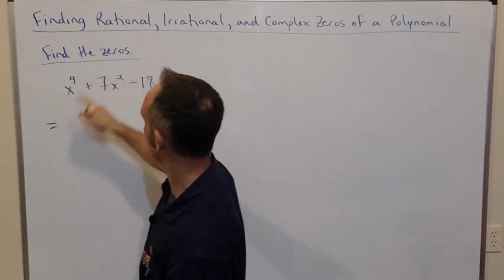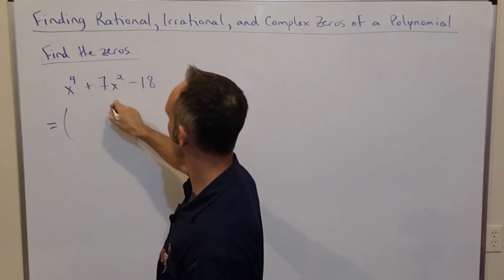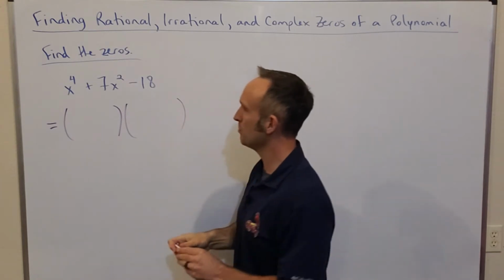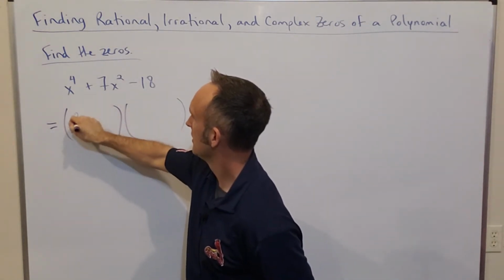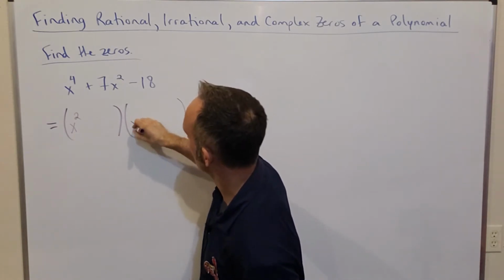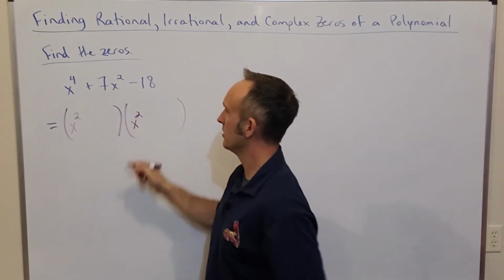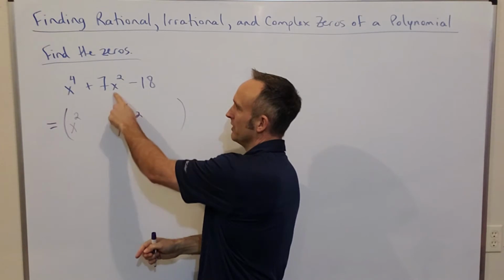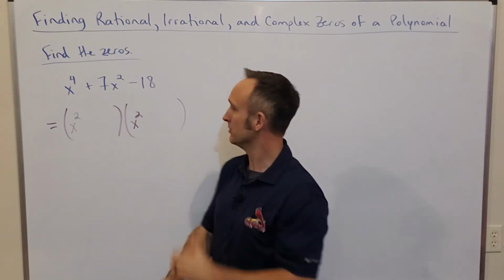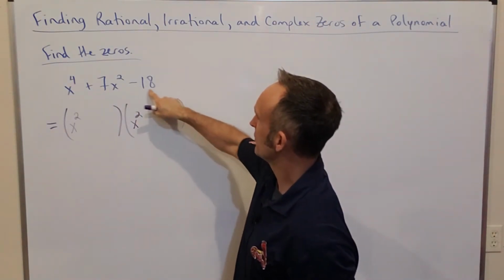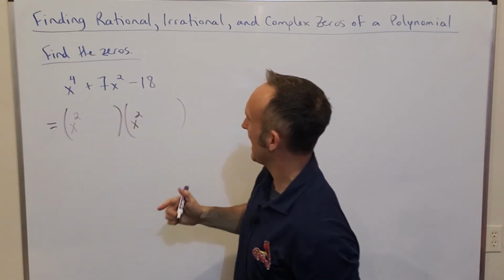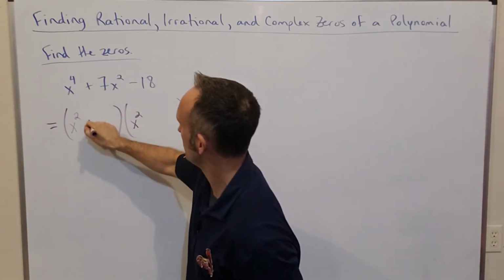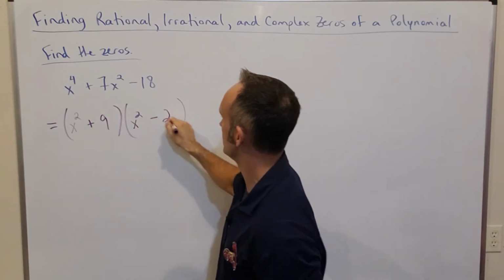Because of the pattern of the exponents here, and the numbers happen to work, I'm going to set up two binomials, and to get x to the fourth as my first term, I'll use x squared and x squared, which when I combine all of this would give me an x squared in the middle, so that's good. Then I'm looking for two numbers that multiply to give me negative 18, but that add to 7, so that would be positive 9 and negative 2.